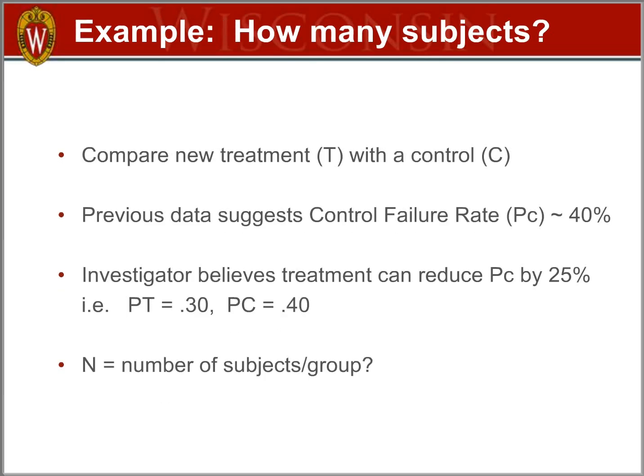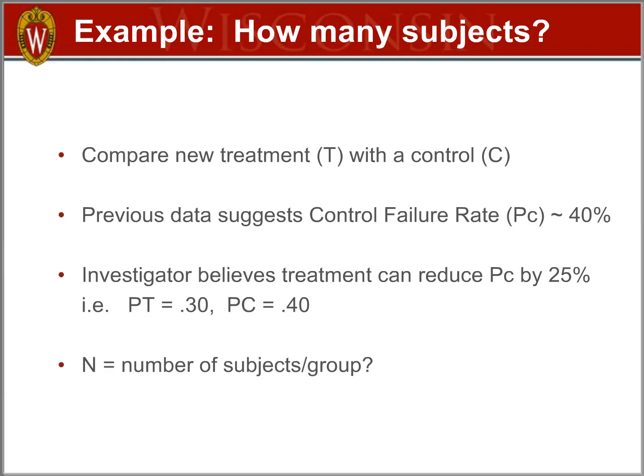One of the first questions that the investigator may present to a statistician is, how many subjects do I need? Imagine in this example that we have a new treatment, which I label T, capital T, and we want to compare the benefit of that therapy to a control. Previous data from the literature or our own experience says that the control rate, the failure rate in the control treatment or the standard treatment, is about 40%.